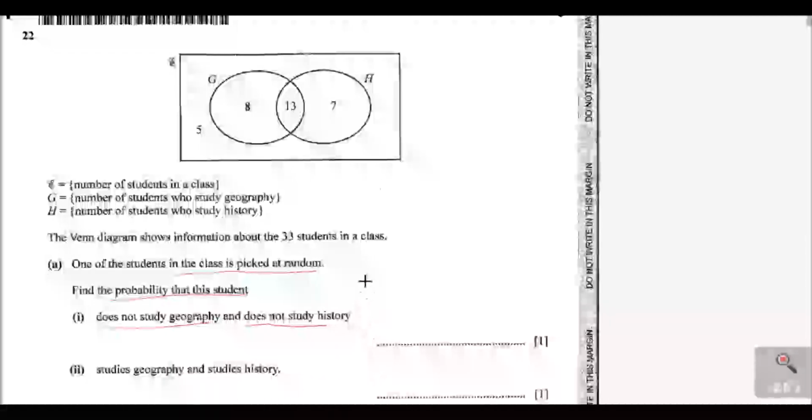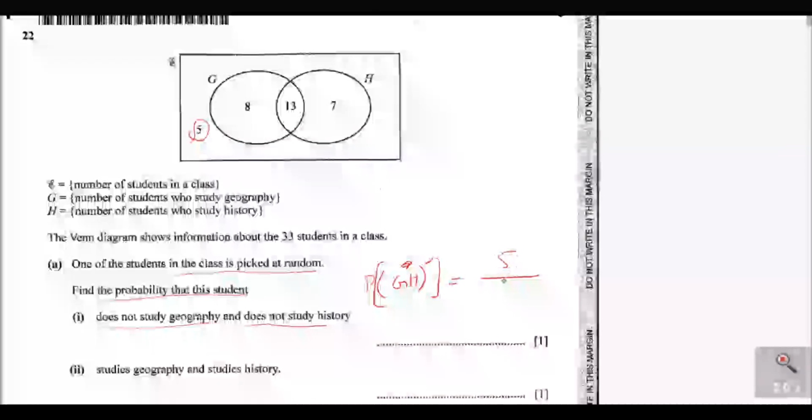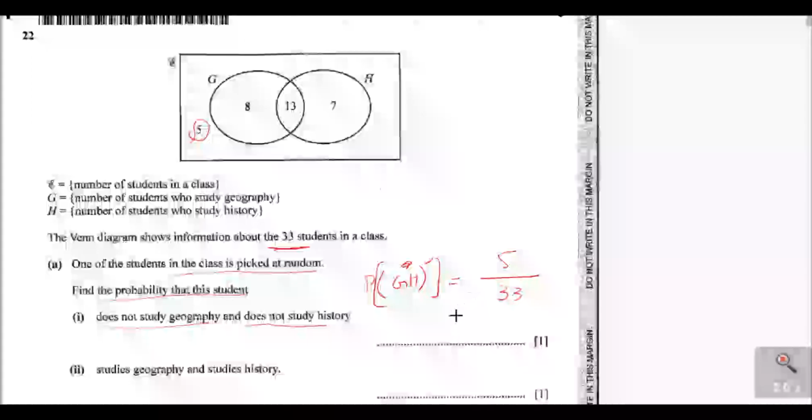We write this as P(G'H'), and this is equal to the number of students who do not study geography and do not study history. Here are 5 students out of total students. Here are total students 33. We write 5 over 33, and this is the answer.